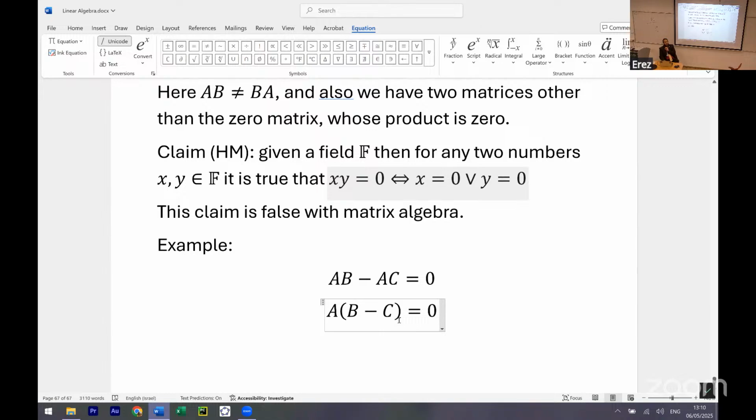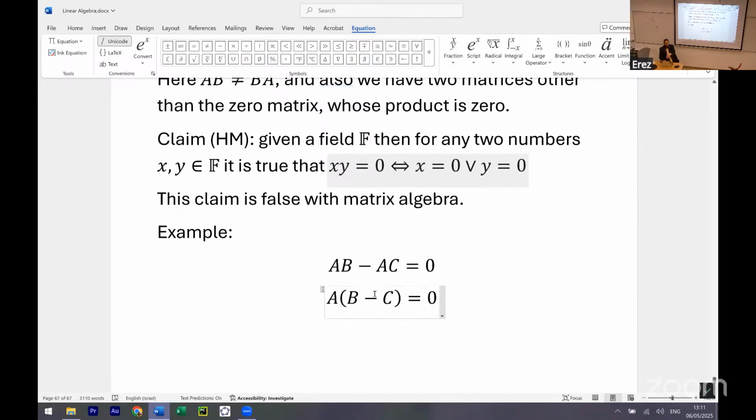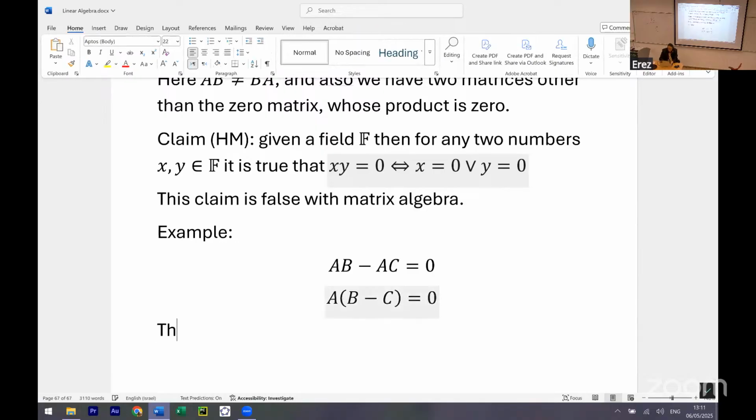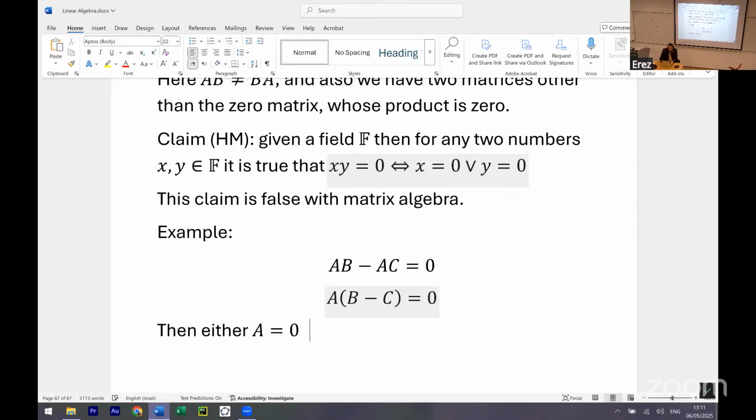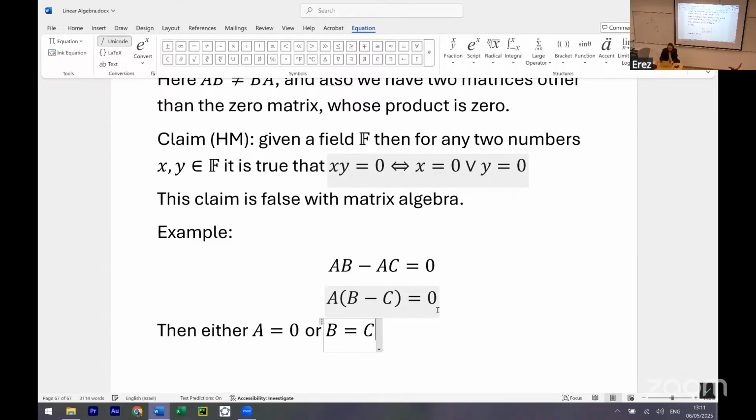The distribution law. Is that allowed? The distribution law holds, so that move is correct. But then students say, then either A equals 0 or B equals C. Do you agree? Not necessarily. That's a false statement.